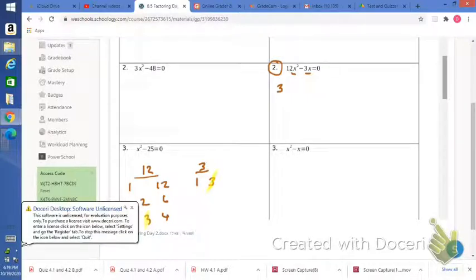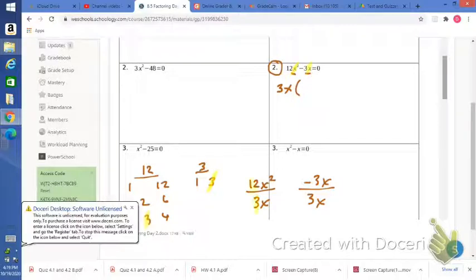And then with the variables, notice you have an x squared and an x. So what do you factor out? The smallest one. So that's going to be an x. Alright, what's left in parentheses? You divide each of the terms, the 12x squared, you divide it by the greatest common factor, which is 3x. And then you have a negative 3x over the GCF, which is 3x.